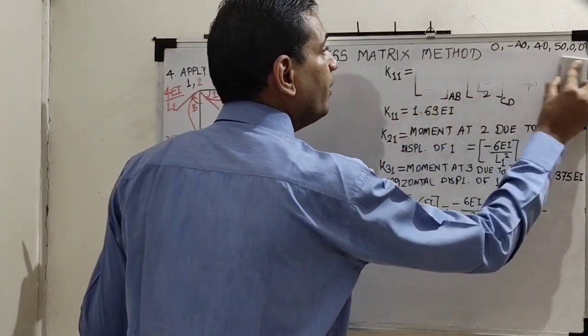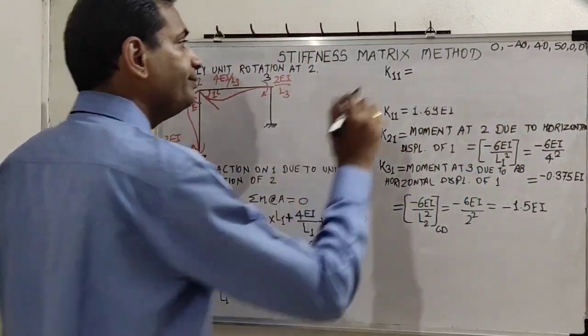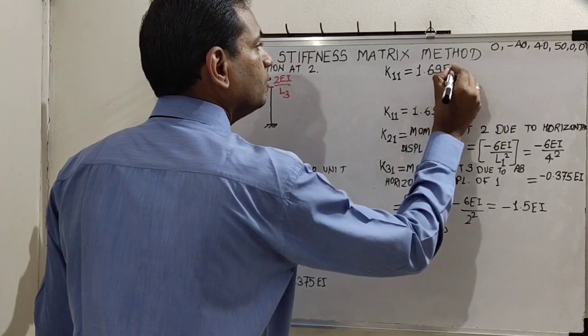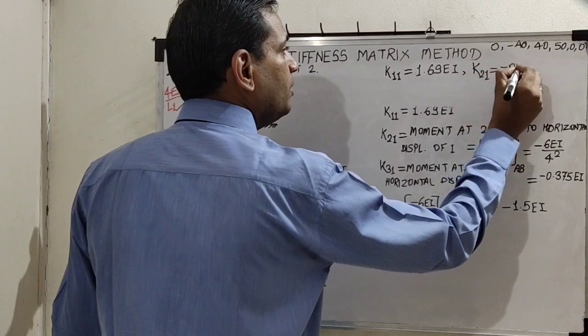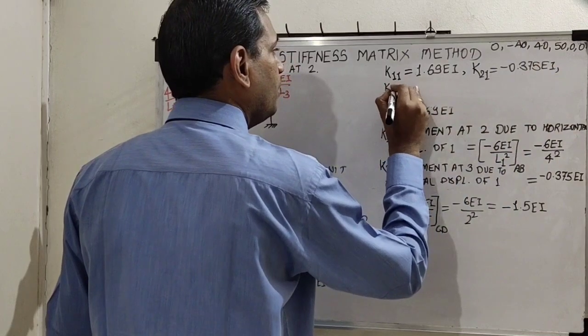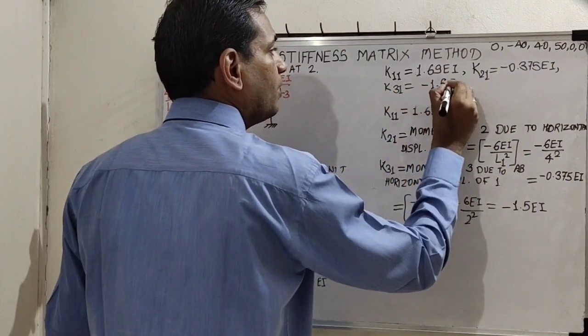I will keep K values here. It is 1.69 EI first value. Then K21 minus 0.375 EI and K31 minus 1.5 EI. Okay.